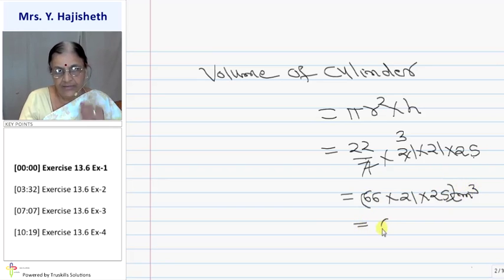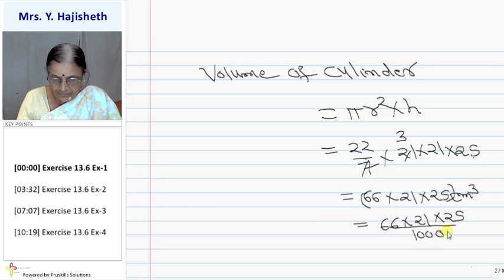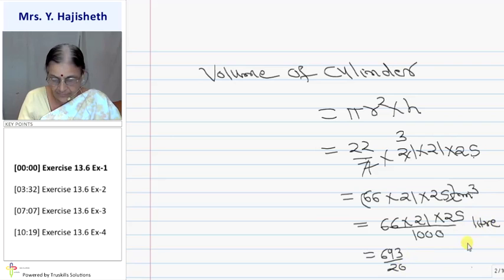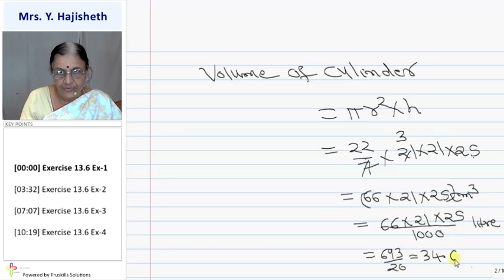How many liter is it? When I want to convert centimeter cube to liter, I should divide by 1000. Clear? So after calculation it will come 693 by 20 liter. So it is 34.65 liter.